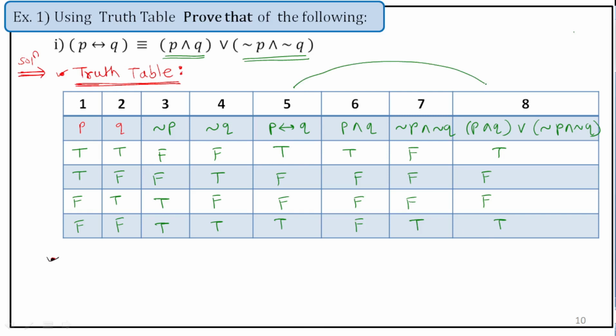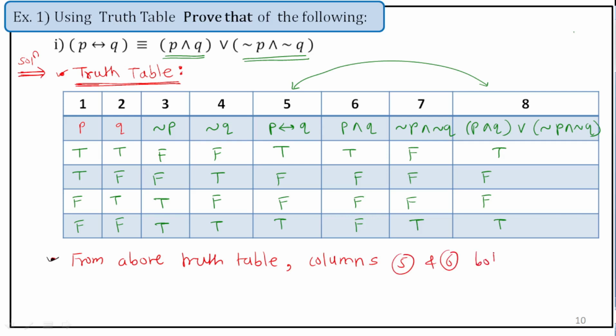Column number 5 and column number 8 are both identical: true, false, false, true, true, false, false, true. Observation from the above truth table: columns 5 and 8 are both the same.